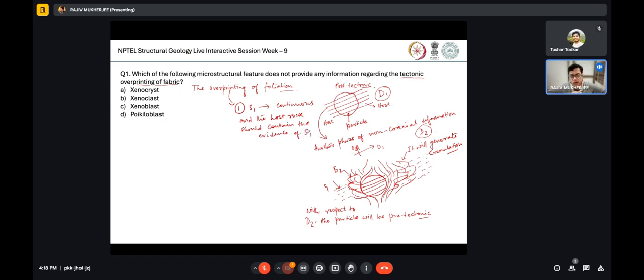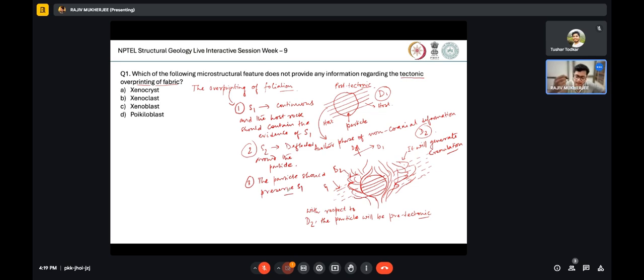That means it should be homogeneous, right? So this is the first condition, and the second condition is that S2 is deflected around the particle. The third condition is the particle should preserve S1. Right? So that's how we will be interpreting.